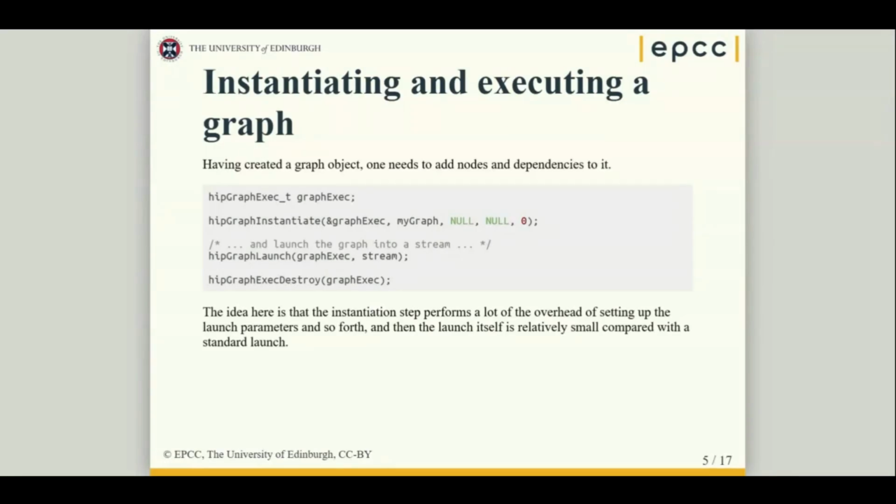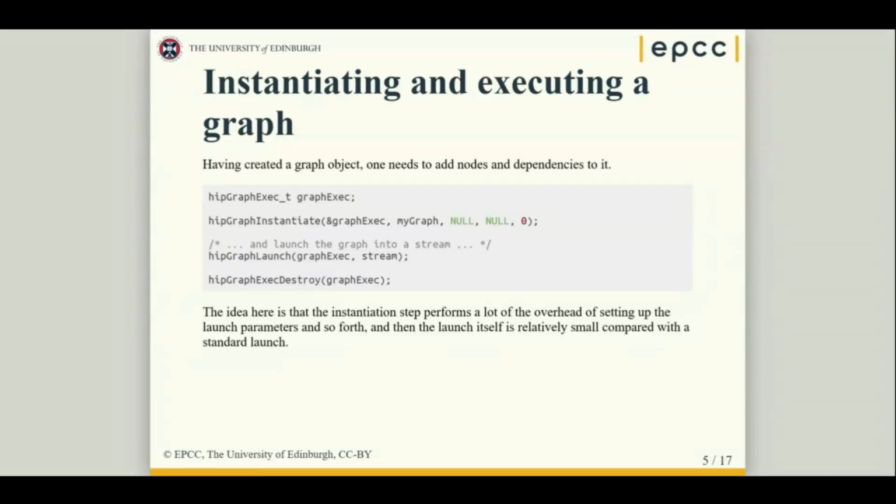This will have some overhead setting up the launch parameters, memory, etc. This is some work for the HIP runtime. And once it is instantiated, we can launch the graph. We can execute the graph. Similar to how we launch or execute a kernel, we can also execute a graph. A graph will be several operations, could be memory copies, kernels, etc.